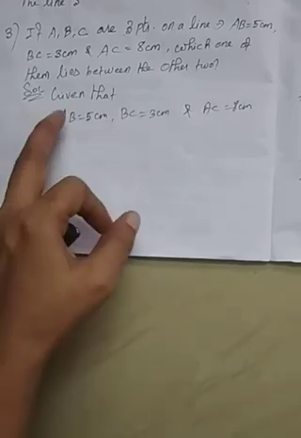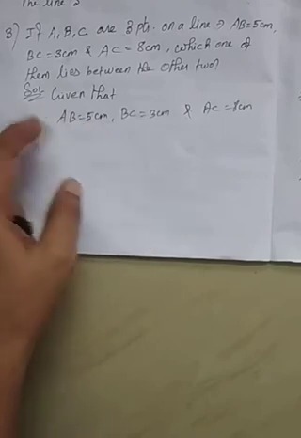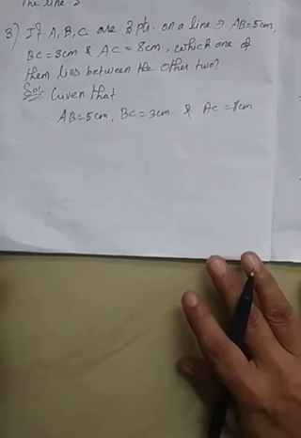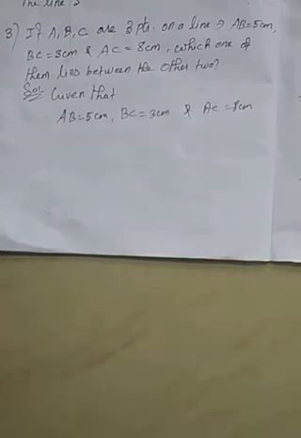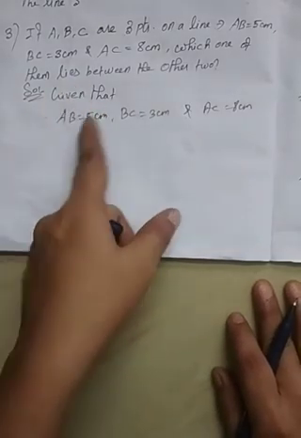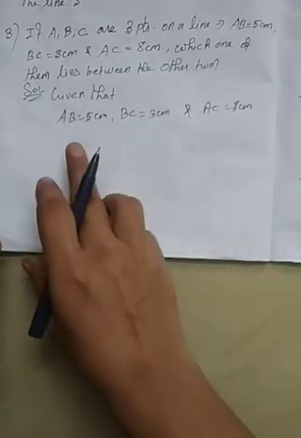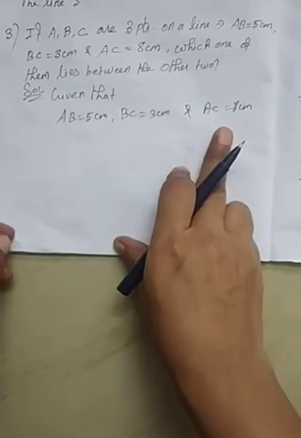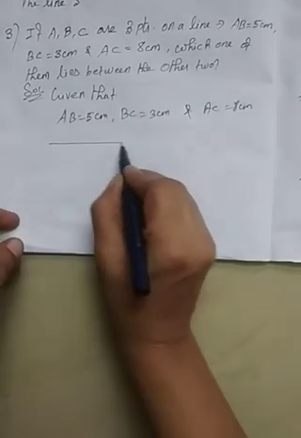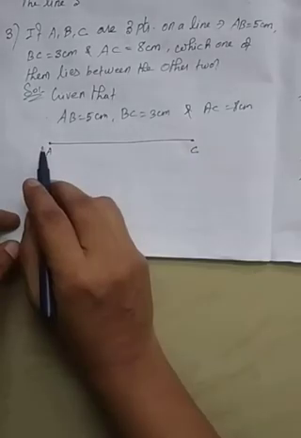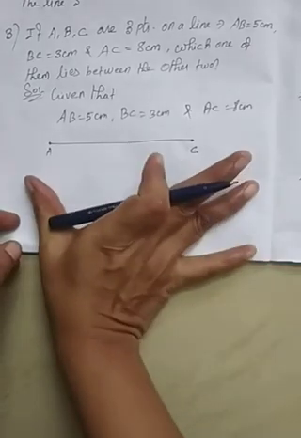Okay. See here, first of all you have to write the given condition. Now it is clear that just now you saw AB equal to AC plus CB in the previous problem. But in this one, your question is which one of them lies between the other two. So see here, AC is the largest value, right? So you can take the AC line segment. This one is A, this one is C. So totally AC is 8 centimeter.